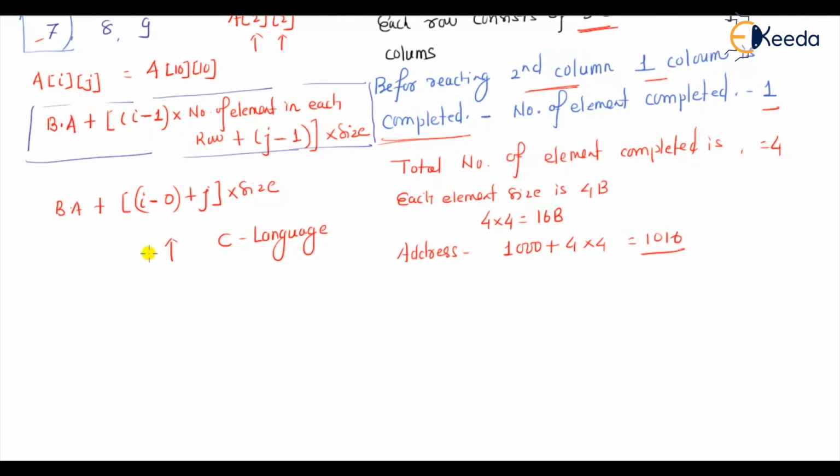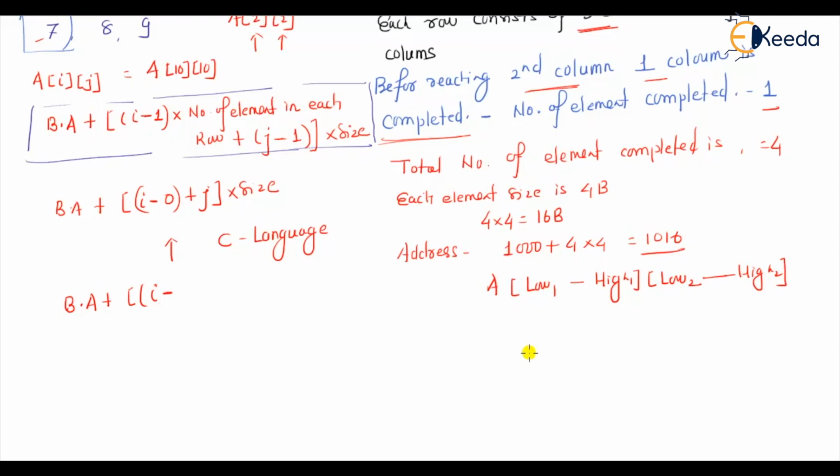Okay, so now there is a generalization of this formula, that base address plus what we are doing here is I minus the row. Now for generalization, I need to represent this, in this case, as A low 1, and I'll write here high 1. Okay, and I write here low 2, and then I'll write here high 2.